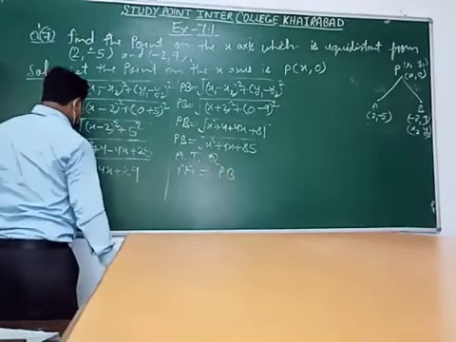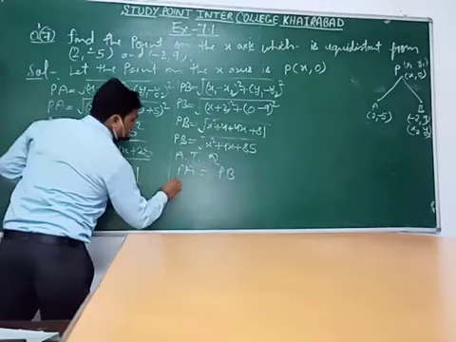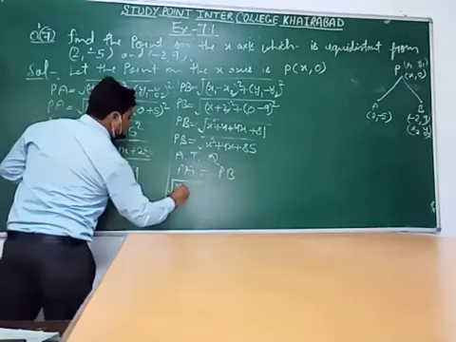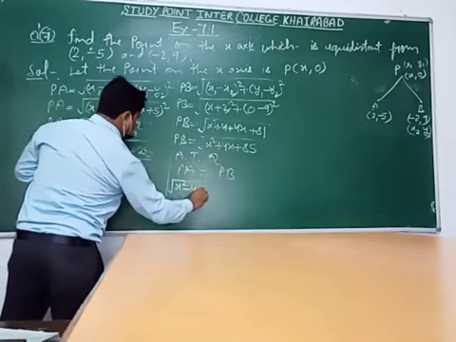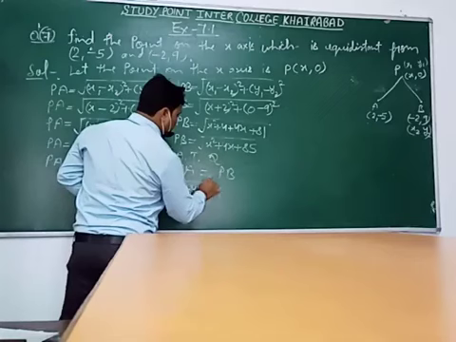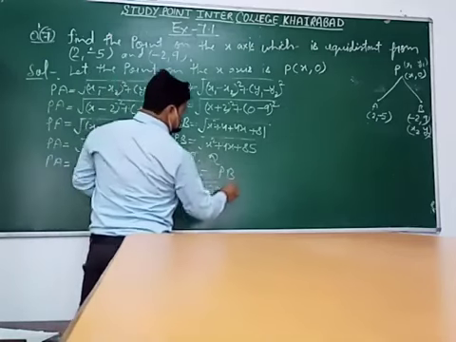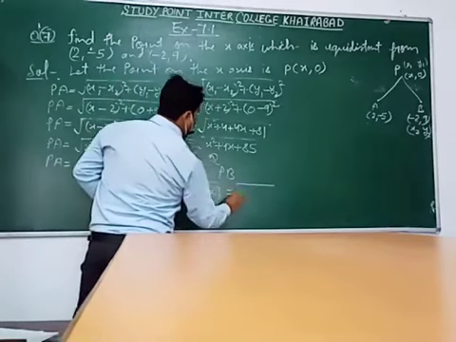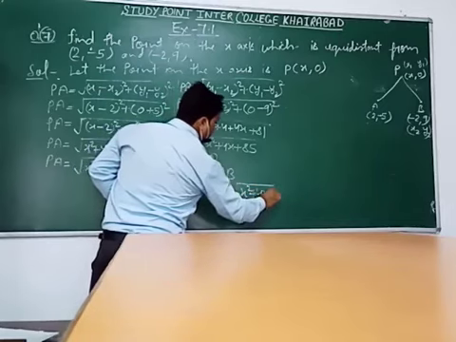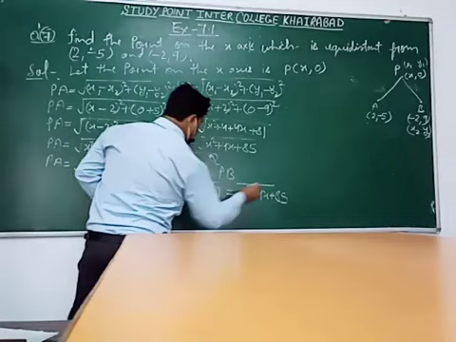So PA is root of x square minus 4x plus 29, and PB is root of x square plus 4x plus 85.